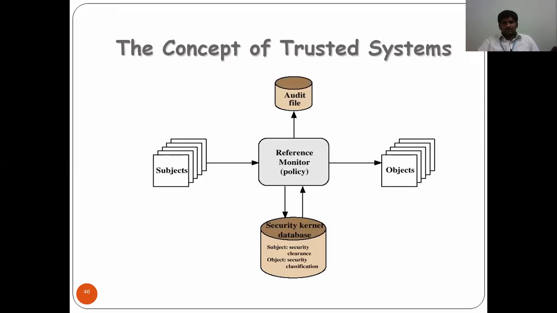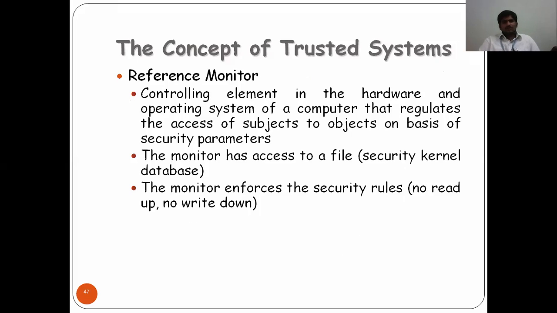This is the same diagram, and now it is somewhat visible. So what does the reference monitor do in the trusted system? The reference monitor is the controlling element in the hardware and the operating system of the computer that regulates the access of subjects to objects on the basis of security parameters.